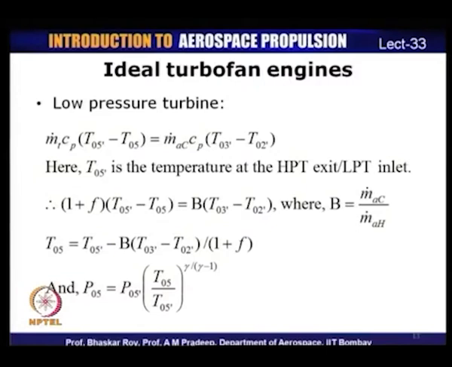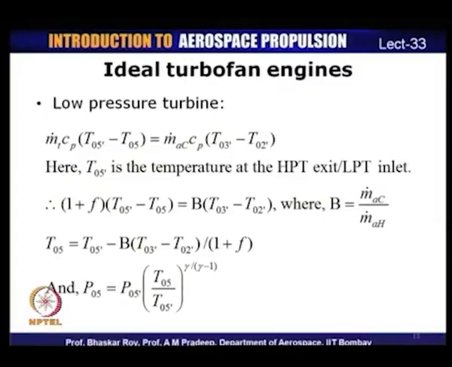From this we can find the exit stagnation temperature of the low pressure turbine: T05 is equal to T05 prime minus B, the bypass ratio, into (T03 prime minus T02 prime) divided by (1 plus F). Similarly, the stagnation pressure P05 is equal to P05 prime into the temperature ratio (T05 divided by T05 prime) raised to gamma by gamma minus 1.